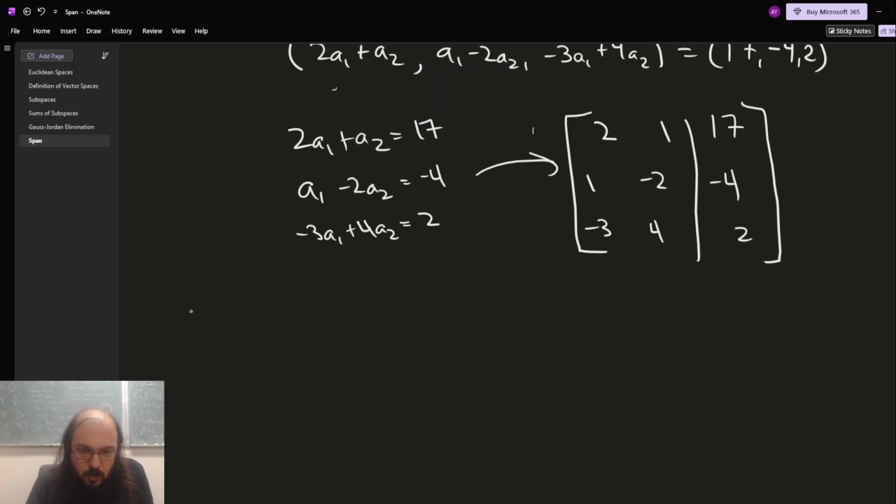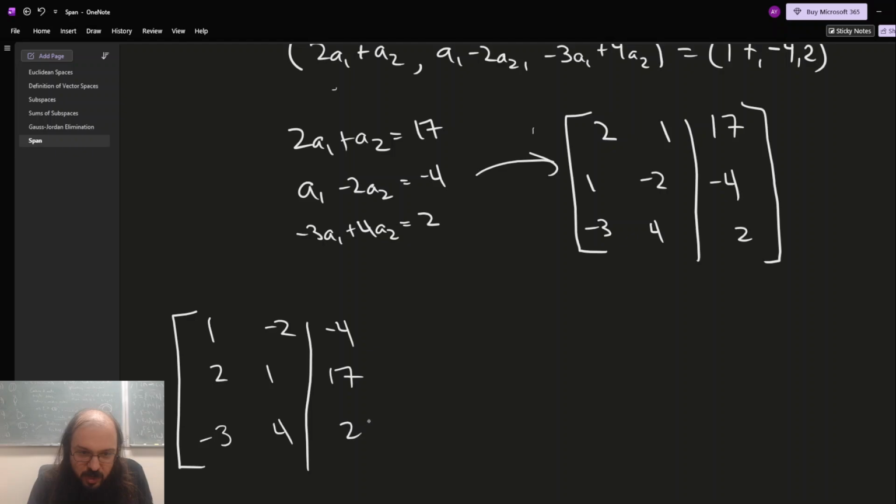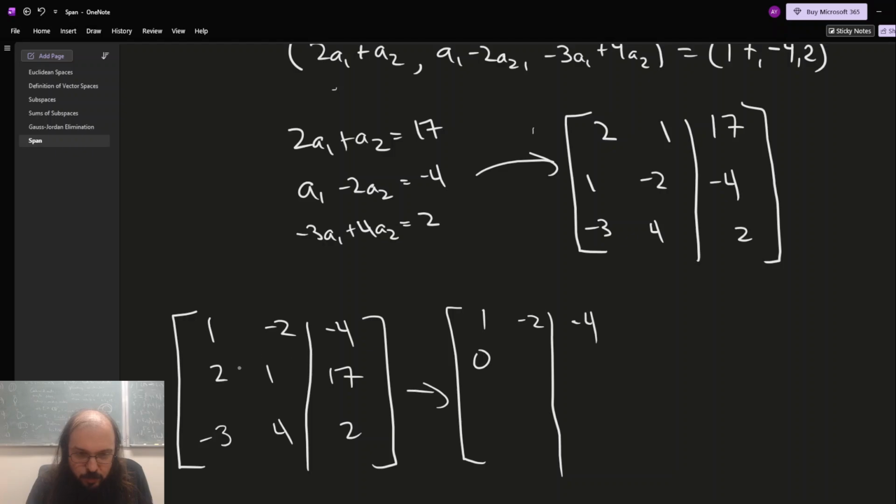So I'm going to start by swapping rows 1 and 2. And then let's rewrite because we're not super pro as heck at this yet. And now we clear out that column. So I subtract row 1 from row 2 twice.